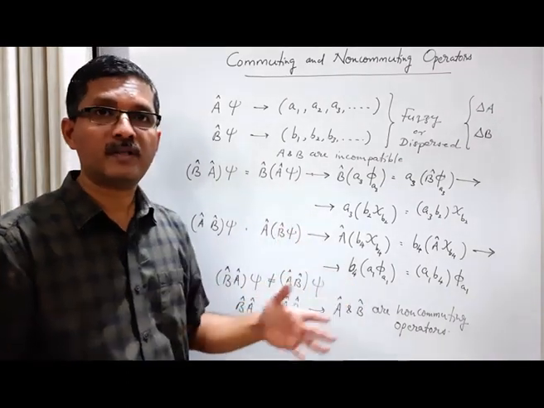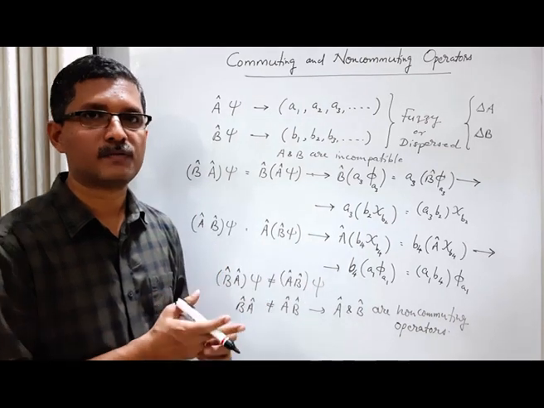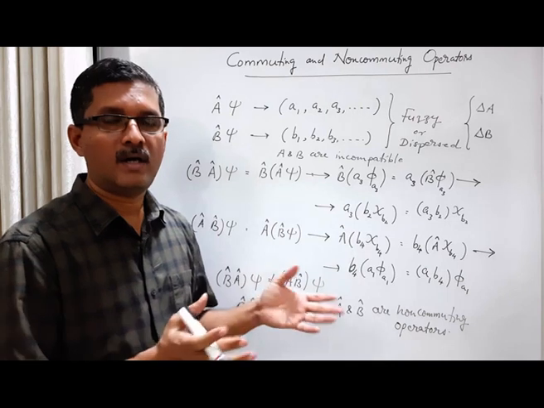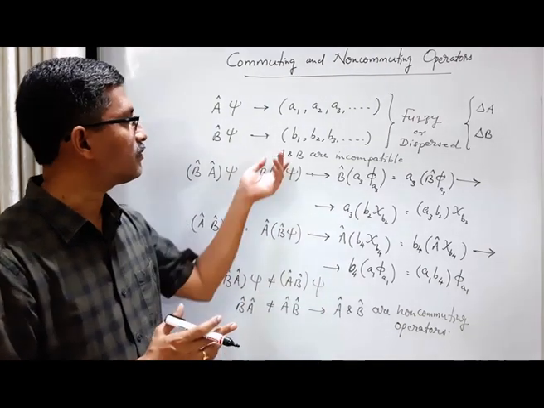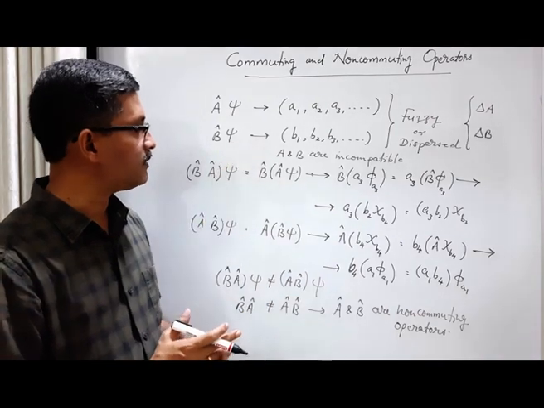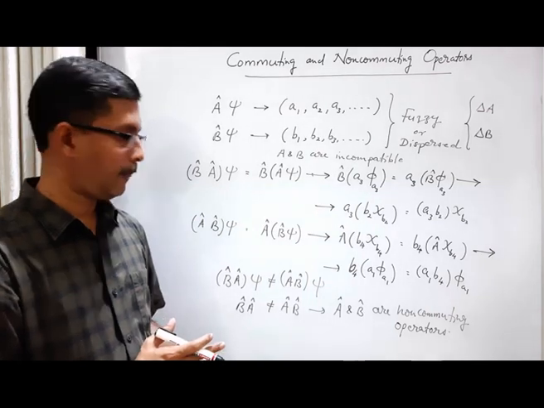They are compatible when they are sharp in a particular state, which happens when the state is a common eigenstate for the two operators. But when the state is not a common eigenstate, the physical quantities are incompatible, and these incompatible physical quantities are represented by non-commuting operators.